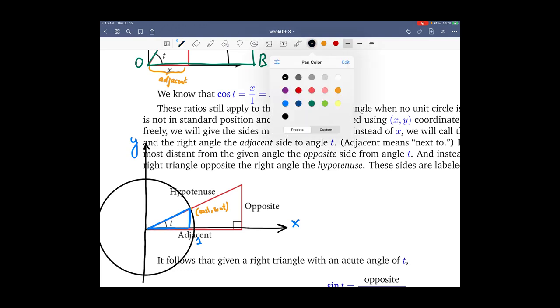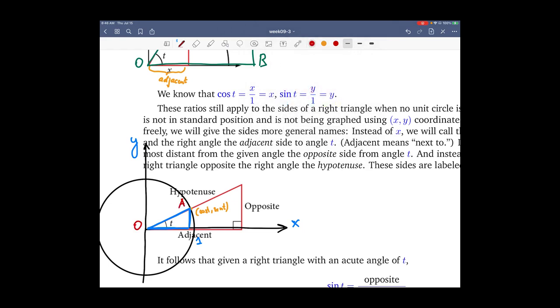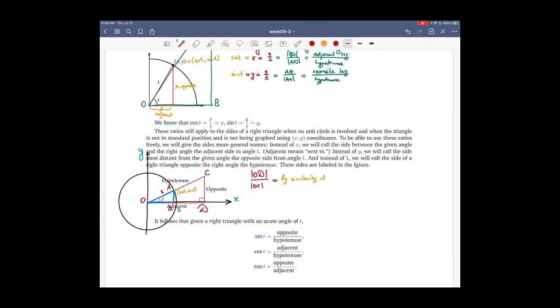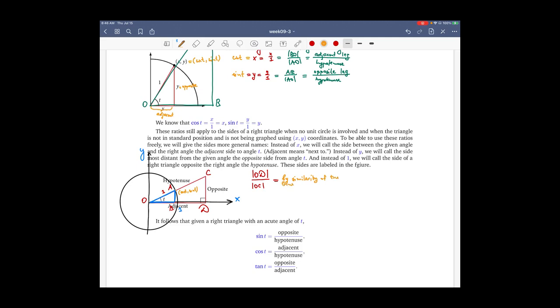And if I denote the vertices as O, A, B, C, and D, I see that, for instance, OD divided by OC, by similarity of triangles blue and red, is simply OB over OA.